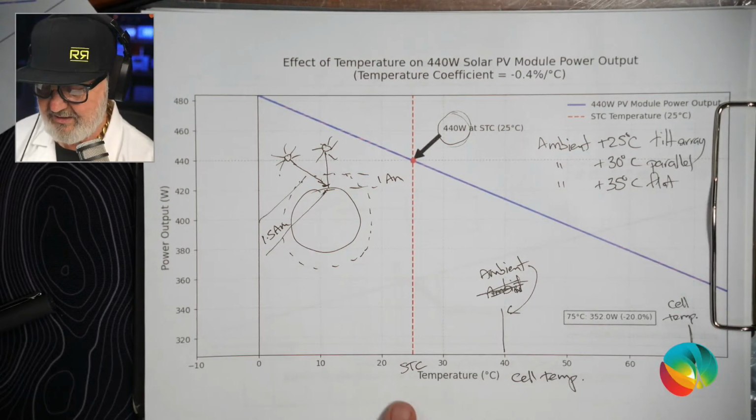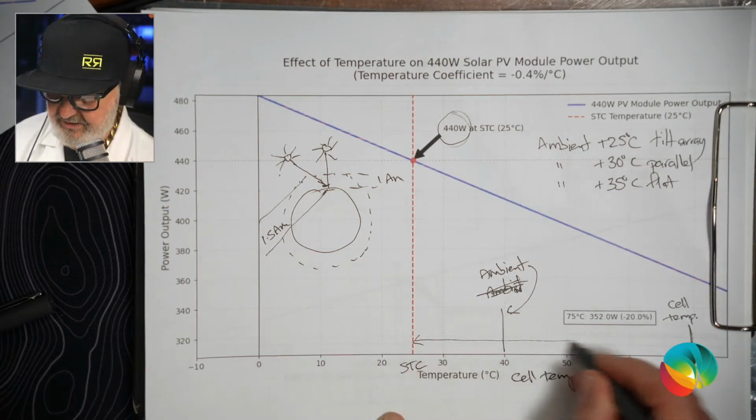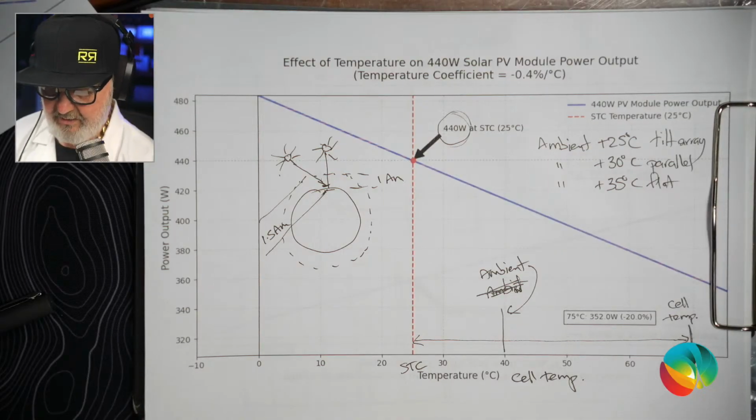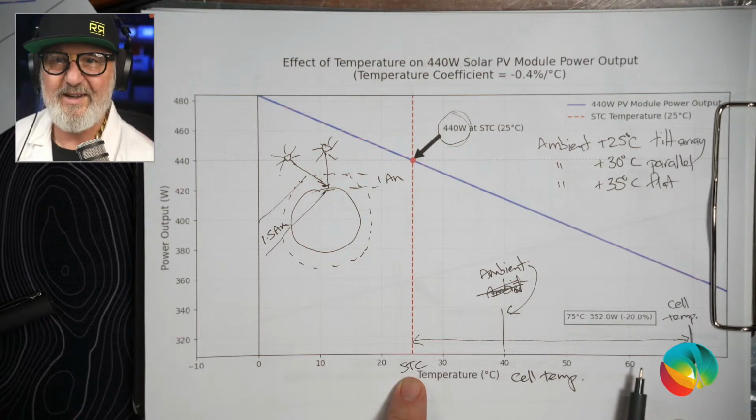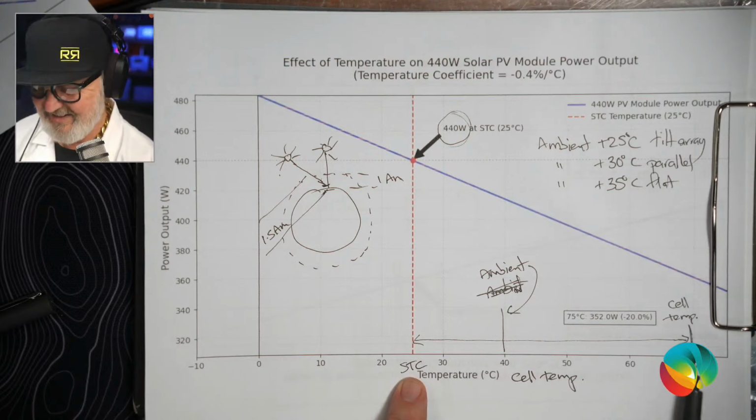So at 70 degrees, how far away are we from test conditions, right? We're a long way. We're 45 degrees away from test conditions.